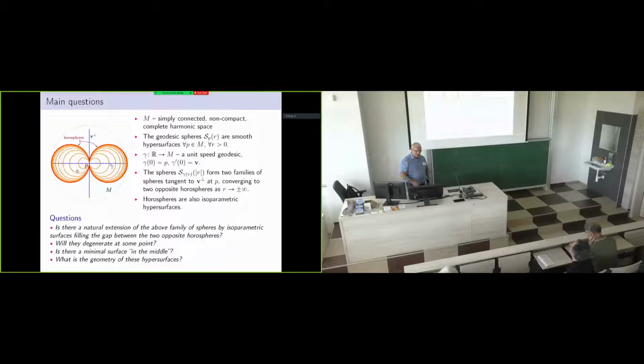So you can construct further hypersurfaces here which somehow extend this family in an analytic way, and which also have constant mean curvature. The question is how? And if you can extend this family beyond the horospheres, then you can ask up to what extent.